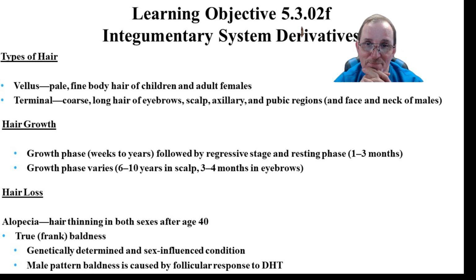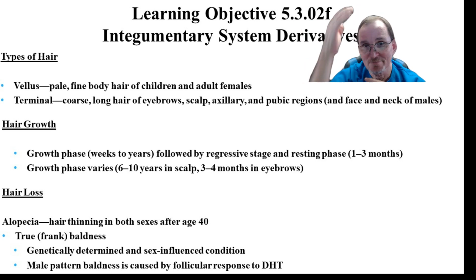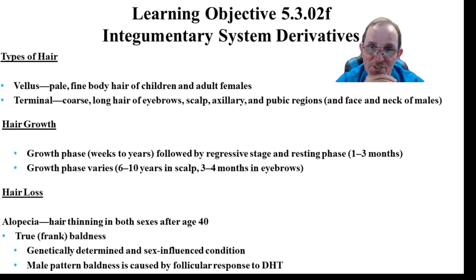DHT is a type of testosterone. It's dihydrotestosterone, and the more testosterone a male has, the quicker it goes. So males that have high testosterone levels typically will wind up with baldness, at least on the crown. On the sides, it's pretty much what hangs in there.